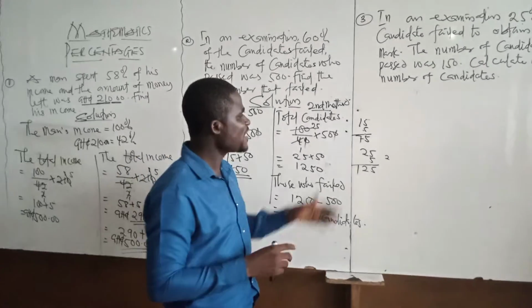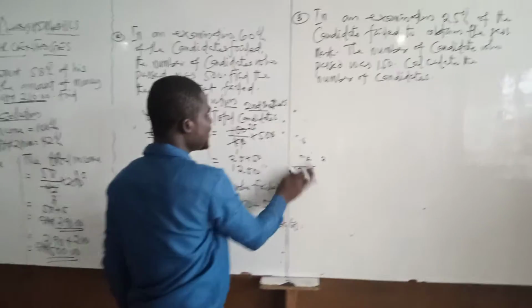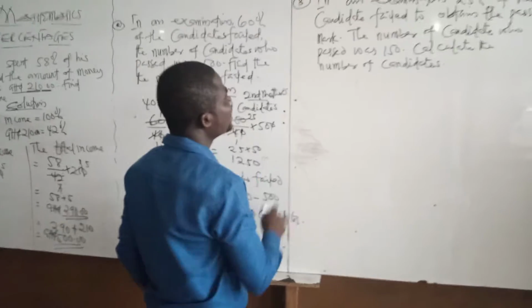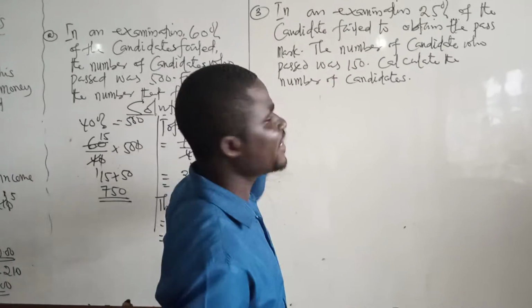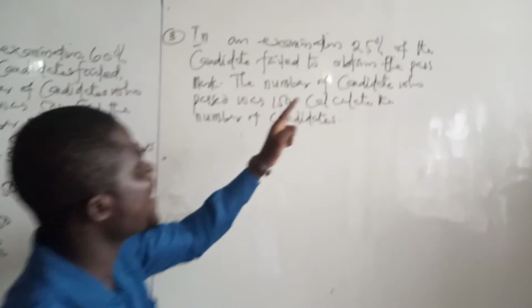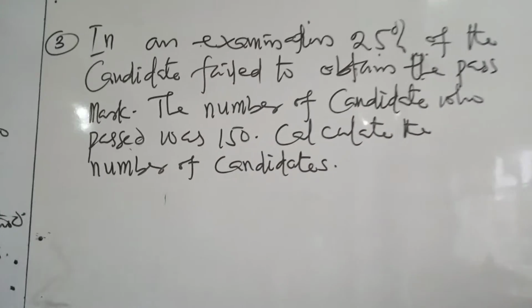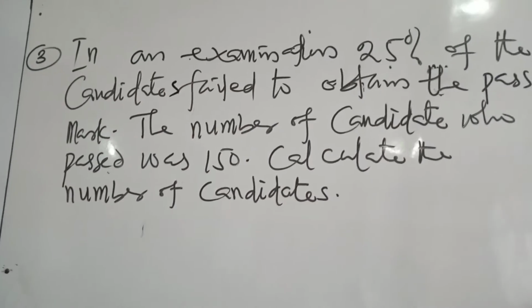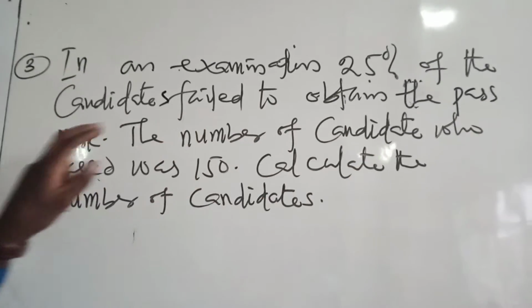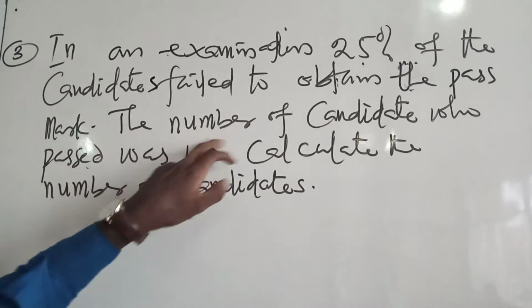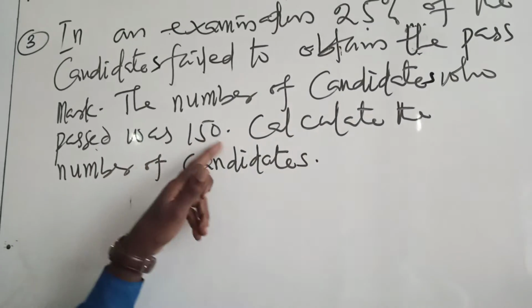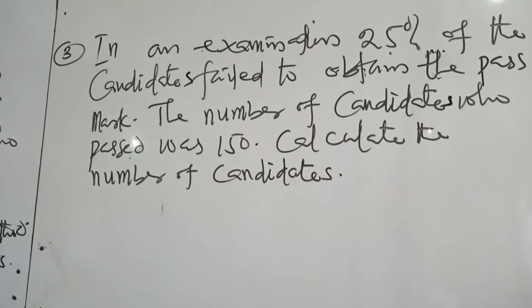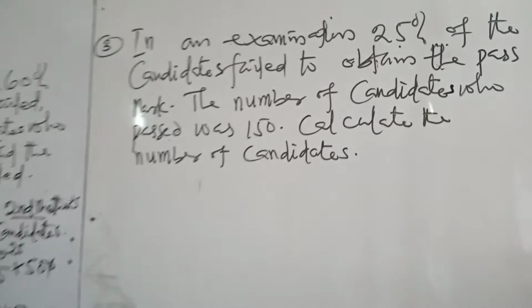Good. Let's show the last example. Now, it says in an examination, 25% of the candidates failed to obtain the pass mark. The number of candidates who passed was 150. Calculate the number of candidates.